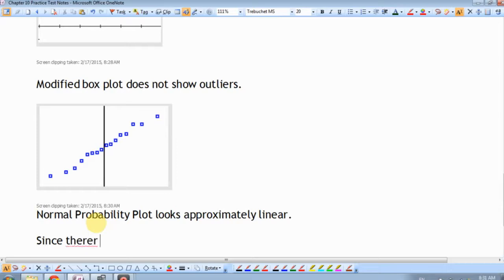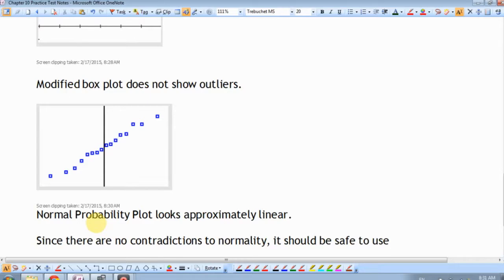Since there are no contradictions to normality, it should be safe to use T procedures.